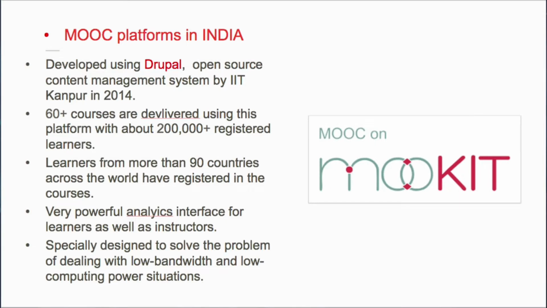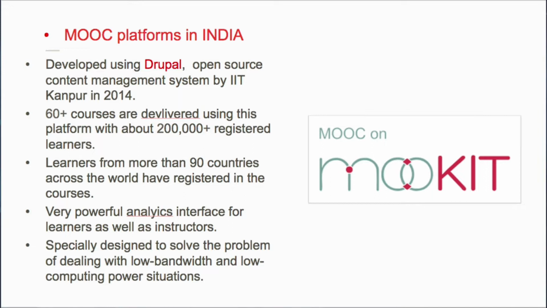Next is MOOC Kit. It is developed on Drupal, an open source content management system, by IIT Kanpur in 2014. 15 courses are delivered using this platform with about 1 lakh registered learners. It is specially designed to solve problems of dealing with low bandwidth and low computing power situations.